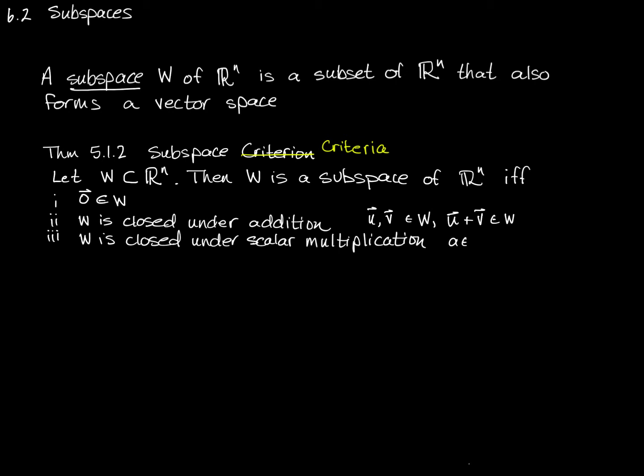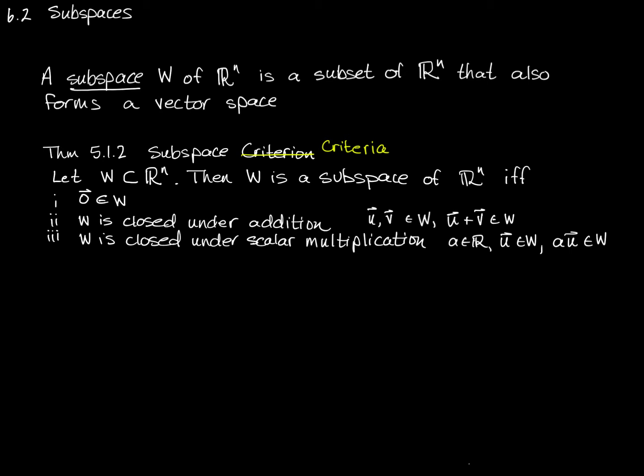If A was a real number and u is a vector in W, then Au was also in W. So if I add 2 vectors in W together and they land back in W, then we say W is closed under addition. That was the operation that I did here. We say that W is closed under scalar multiplication if I scale the vector u, multiply it by A, and the result lands back in W.